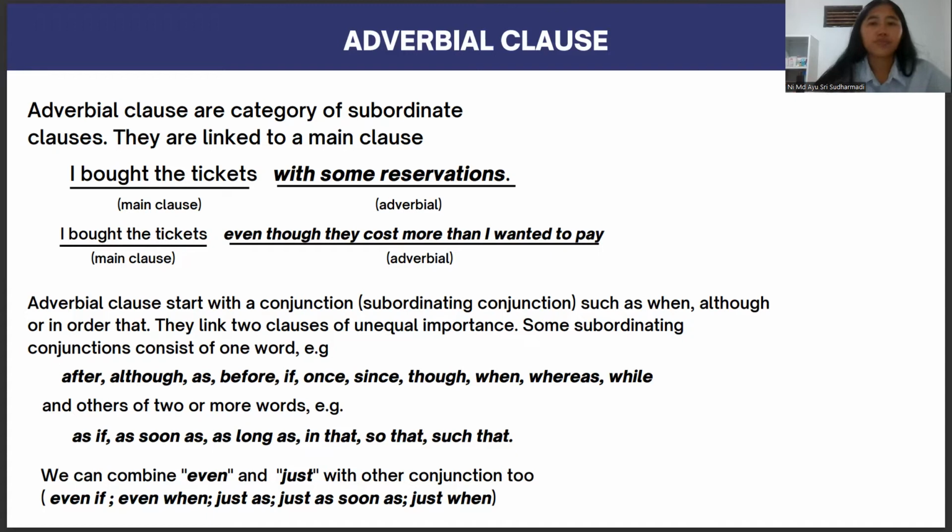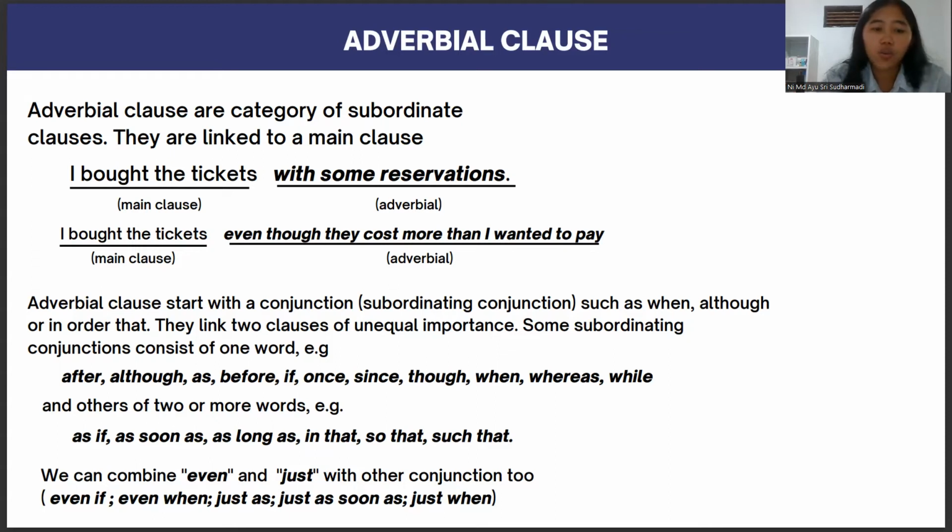adverbial. Adverbial clauses start with a conjunction, or we call it a subordinating conjunction, such as when, although, or in order that. They link two clauses of unequal importance, and some subordinating conjunctions consist of one word. Here's the example. After, although, as, before, since, if, once, though, when, whereas, while.